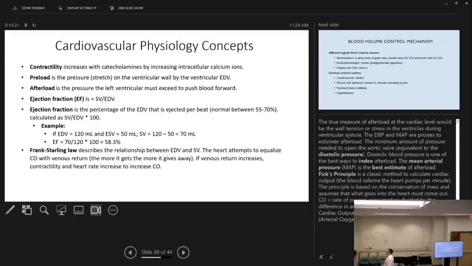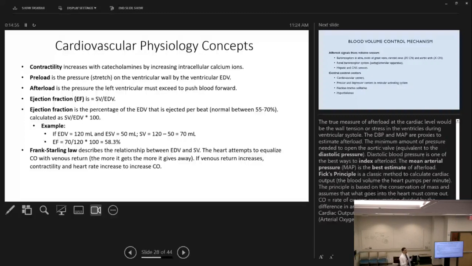Okay, normally it's between 55 and 70. That means, to take round numbers, if the end diastolic volume is 100 and the stroke volume is 50, the ejection fraction is 50%. Okay, but we are going to use here more physiological numbers. Okay, you have a person with an end diastolic volume of 120, and systolic volume is going to be 50. Okay, from that you calculate the stroke volume.